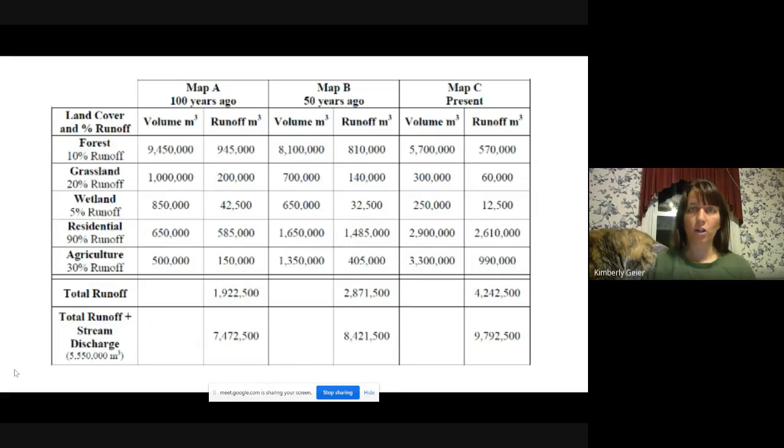Trash can get washed in. So, any of these fast runoffs, they're just going to increase the amount of stuff that flows into our streams. So, a follow up question: how might the water quality of the river be affected by changes in the watershed?